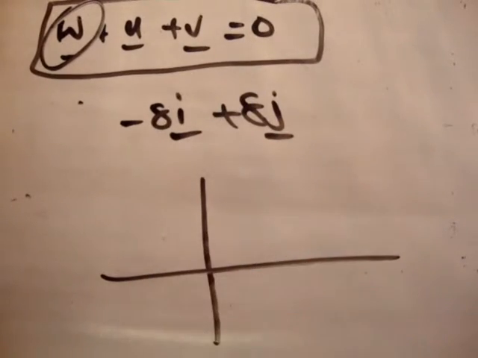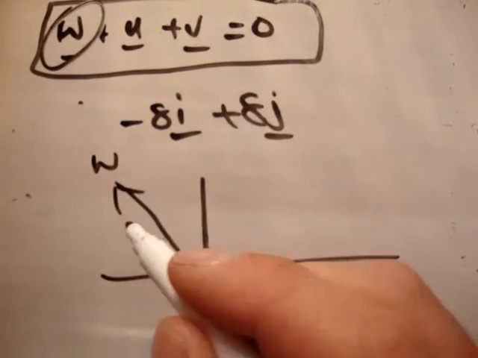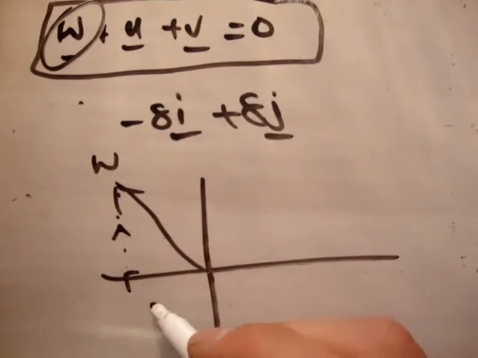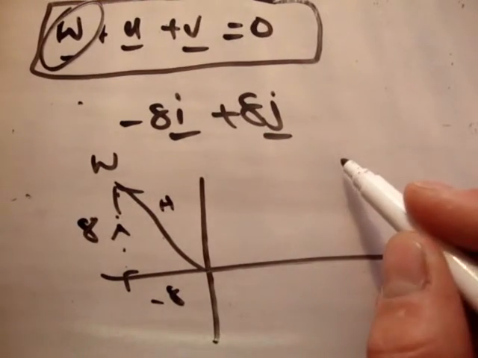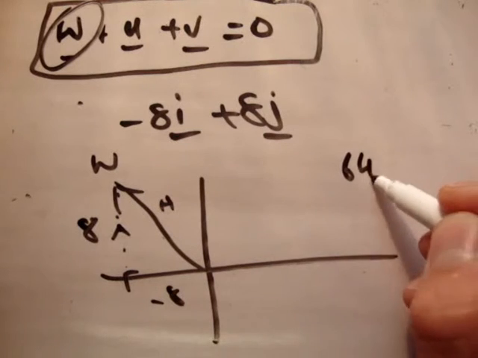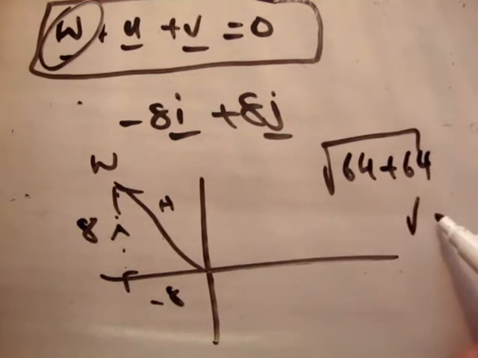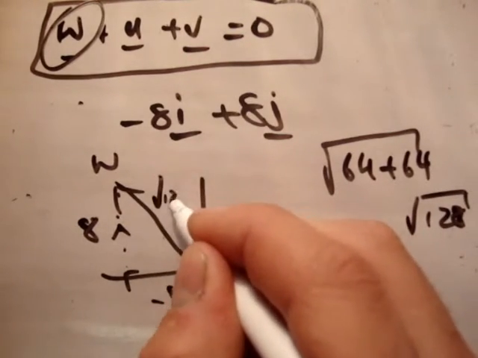Look at the quadrant, it's negative i but positive j, so it's up here somewhere, w. So into your component unit vectors like this is minus 8, this is plus 8, therefore the magnitude is equal to the square root of 64 plus 64, so that's the square root of 128. So this here is equal to root 128.